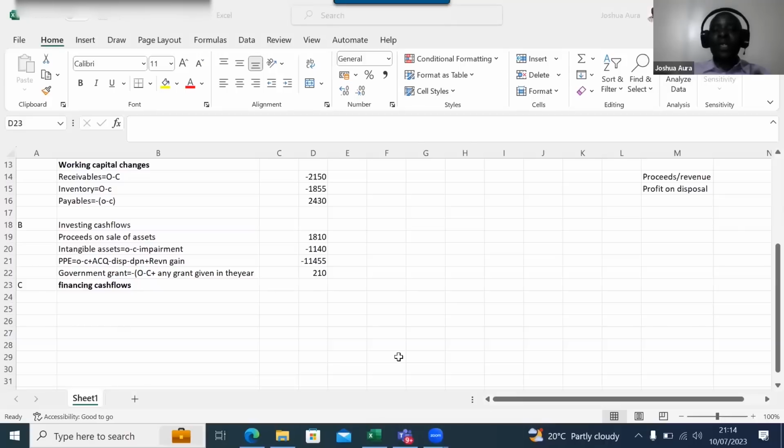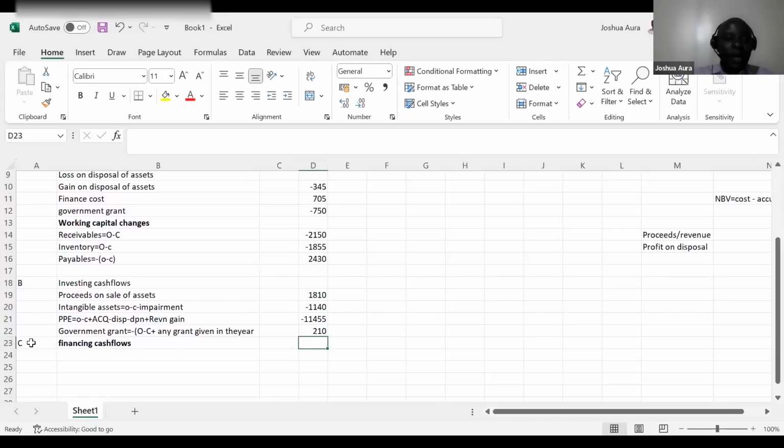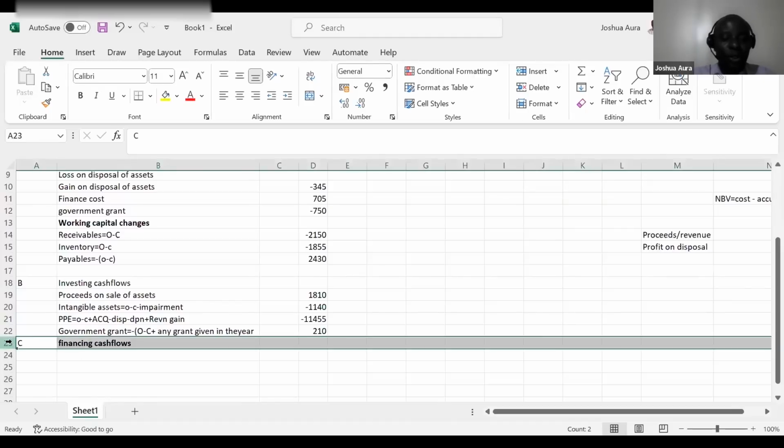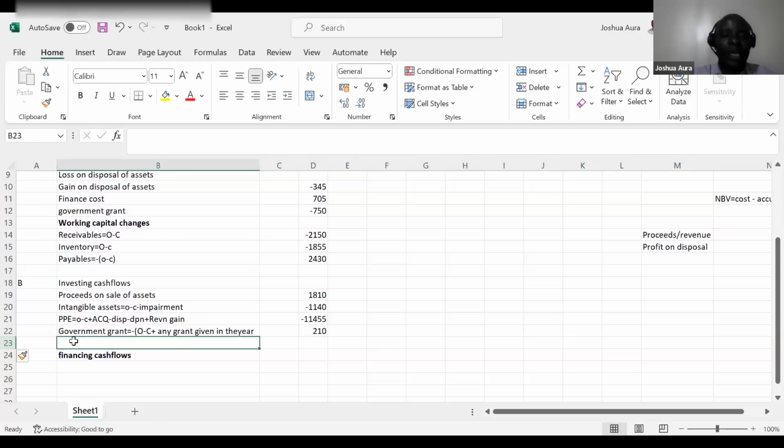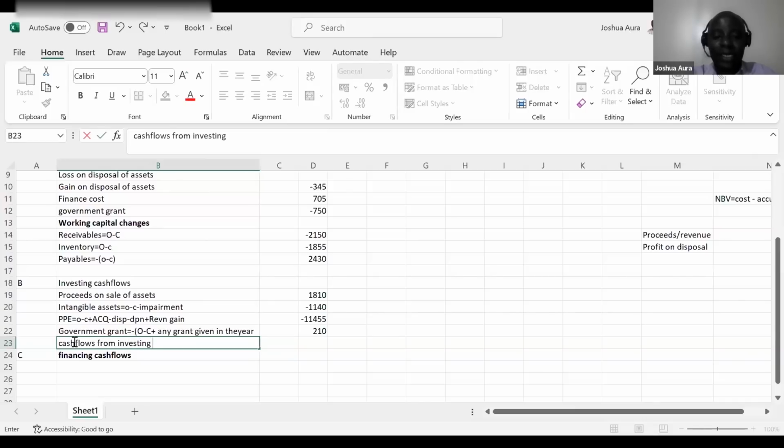So, ladies and gentlemen, I would want us to talk about something small here, which is very important. Here now, I can add a new row with Control Shift, where I will get cash flows from investing activities.